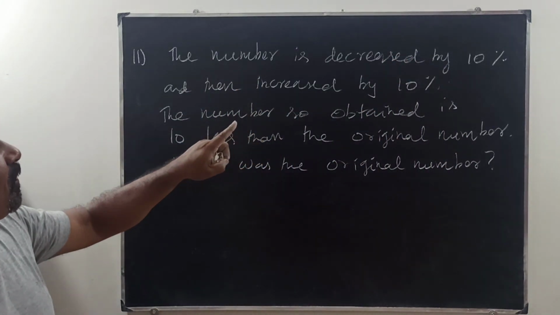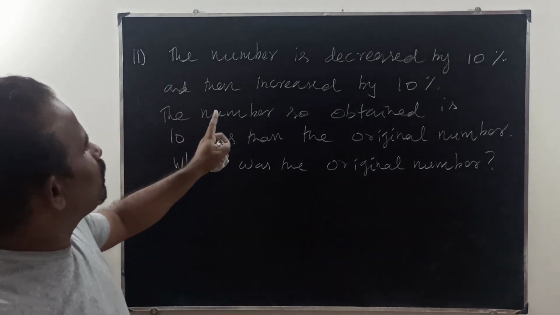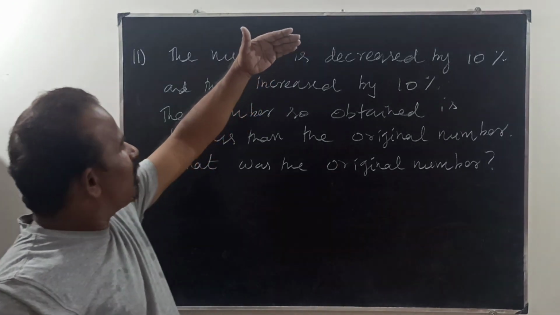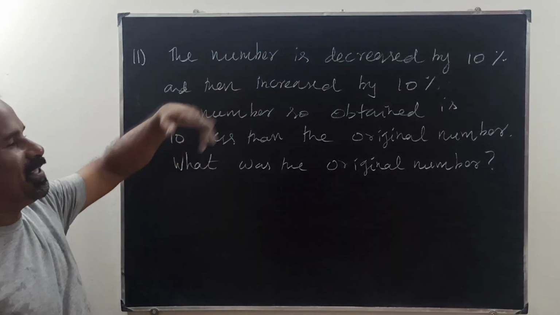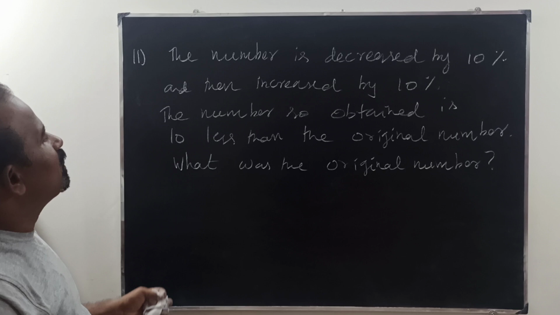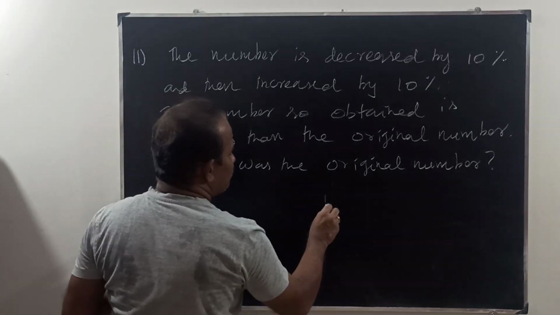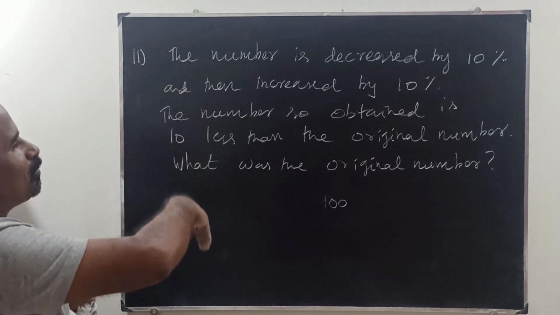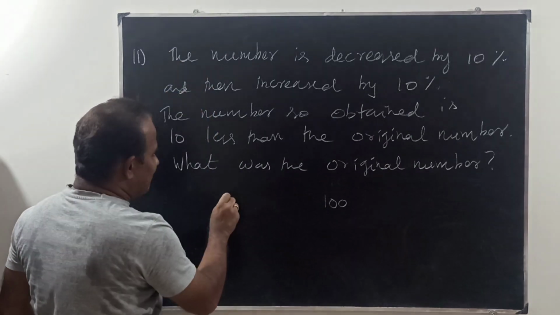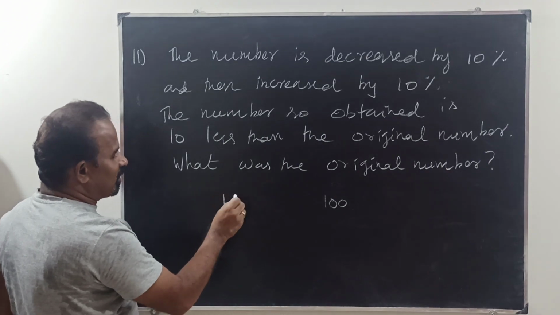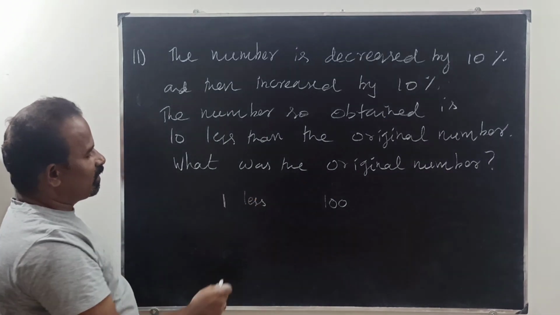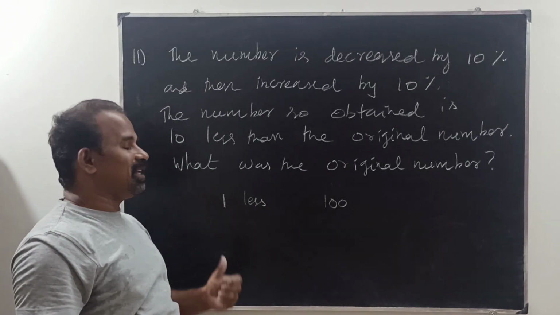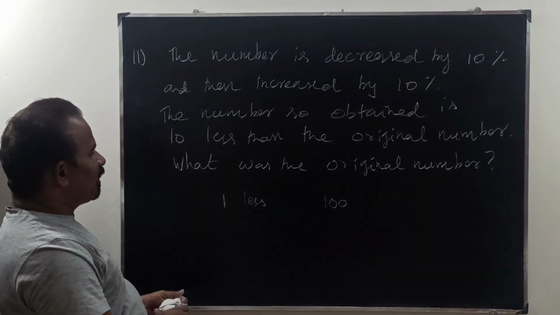10% decreased, then 10% increased, or 10% increased then 10% decreased. Both will be the same here. If there is 100 rupees, with a 10% decrease and a 10% increase, 1% is always lost, and you will be getting 99, 1 rupee less.